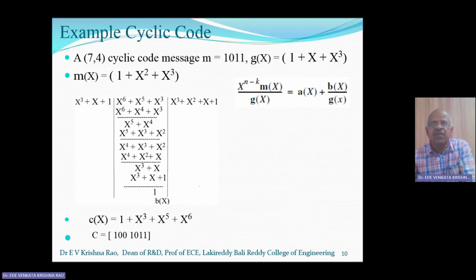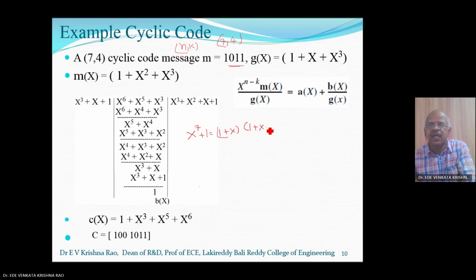We see the example here for the message 1011 of 7, 4 for n, k. This is the n, k, that is 7, 4 cyclic code, 7-bit code word, 4-bit message. And here, for x power 7 plus 1, the nth polynomial, we can take the factors 1 plus x, and 1 plus x square plus x cube, and 1 plus x plus x cube.